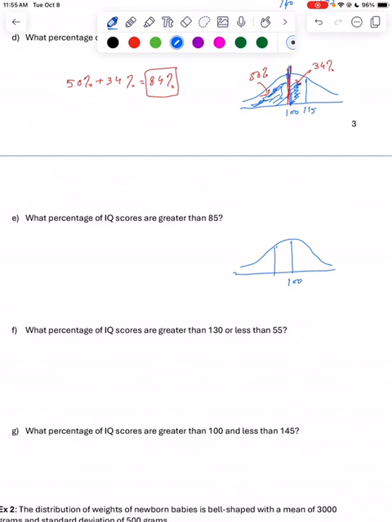We are talking about this area. This is the middle. So on the right, we have all the area. So it means we have 50% here, and this one is 34%. So you will say again 50 plus 34 equals 84%.